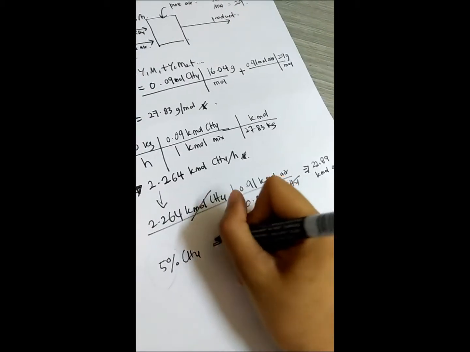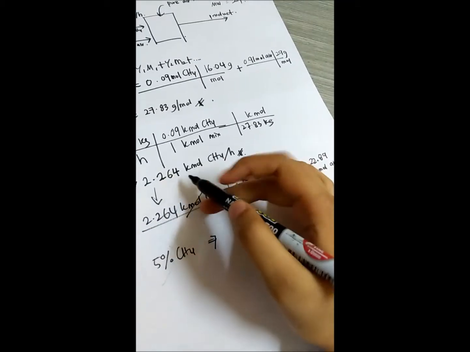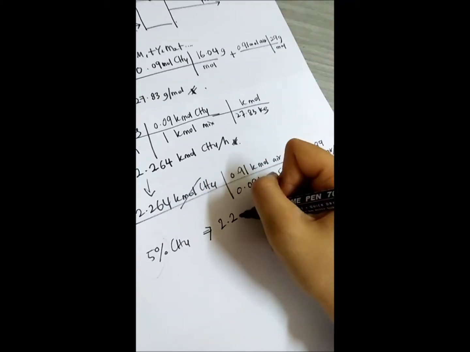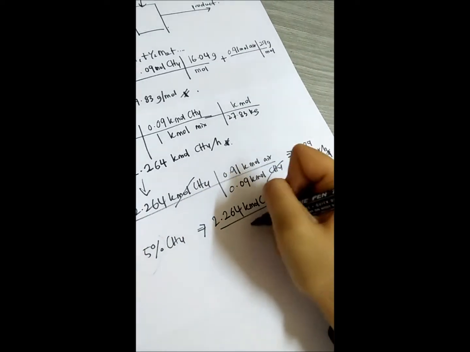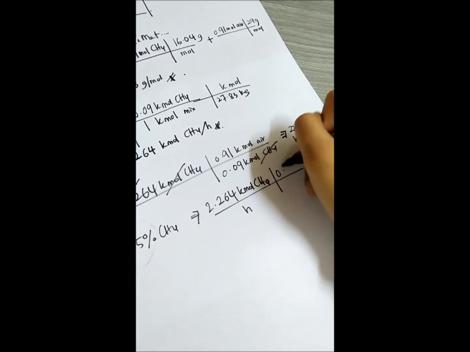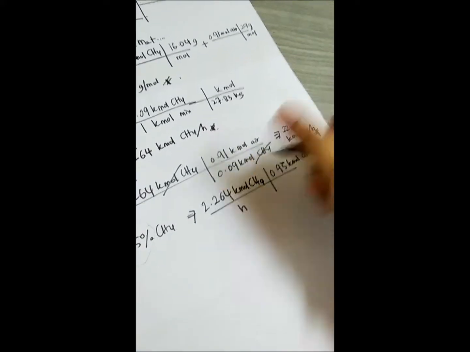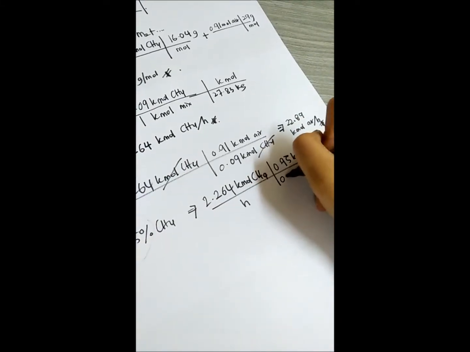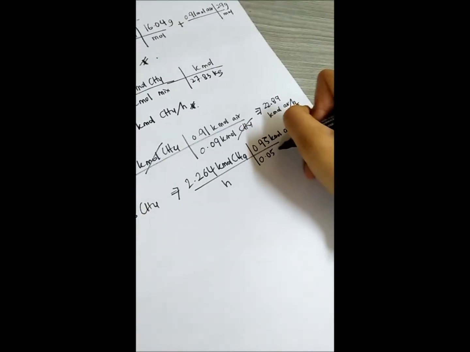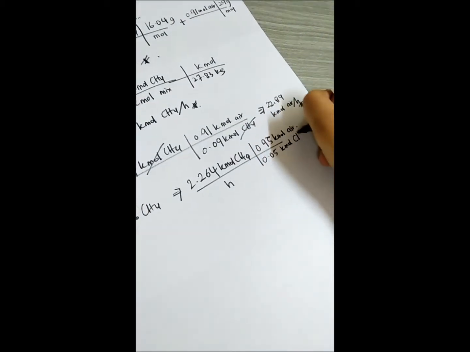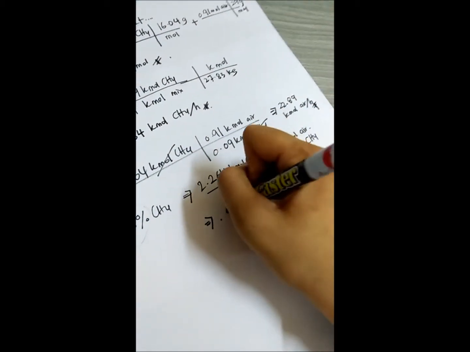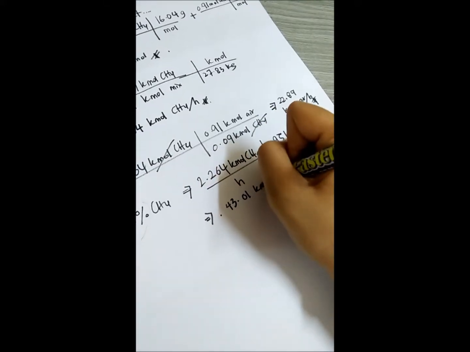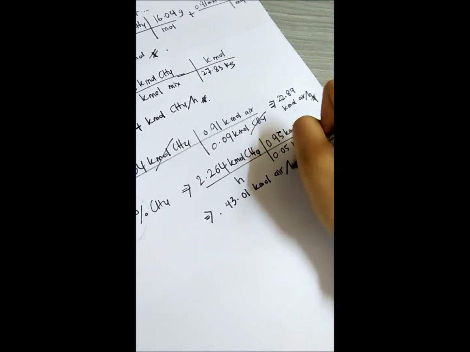From the molar flow rate of methane, 2.264 kilomole of methane per hour, you multiply by 0.95 kilomole of air over 0.05 kilomole of methane, which comes from 5% methane, and you get 43.01 kilomole of air per hour.